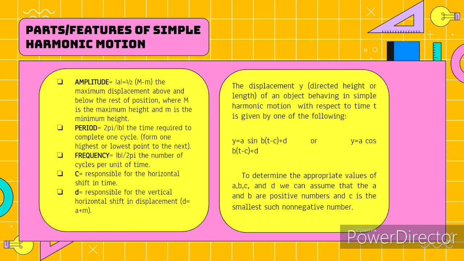Both are equations of simple harmonic motion. To determine the appropriate values of a, b, c, and d, we can assume that a and b are positive numbers and c is the smallest such non-negative number.